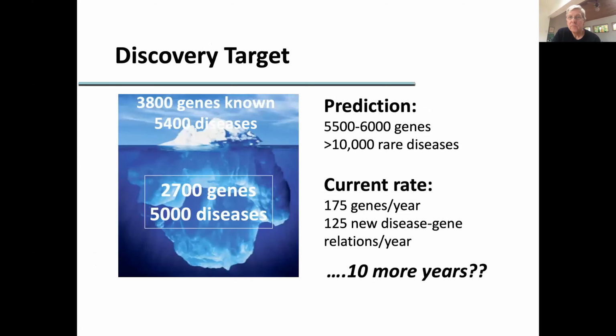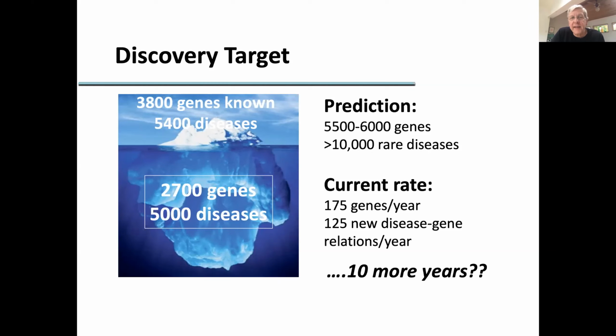So the target of discovery in human disease gene research is predicted to include something like 5,500 to 6,000 genes that will be involved in perhaps greater than 10,000 rare diseases. And currently, the disease gene variants for 5,400 diseases are known. These map to 3,800 human genes.